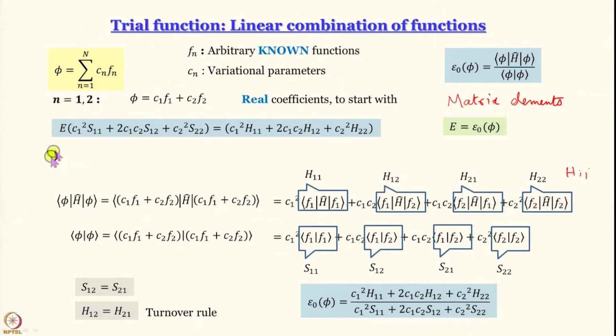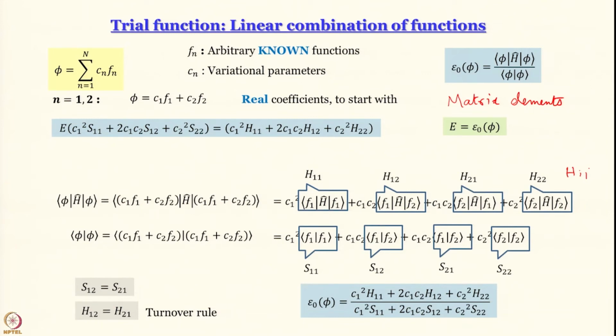This is your left hand side. Right hand side will be the same as the numerator: C1 square multiplied by H11 plus 2 C1 C2 H12 plus C2 square multiplied by H22.